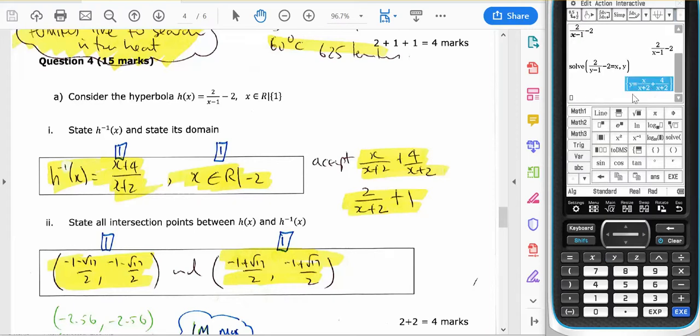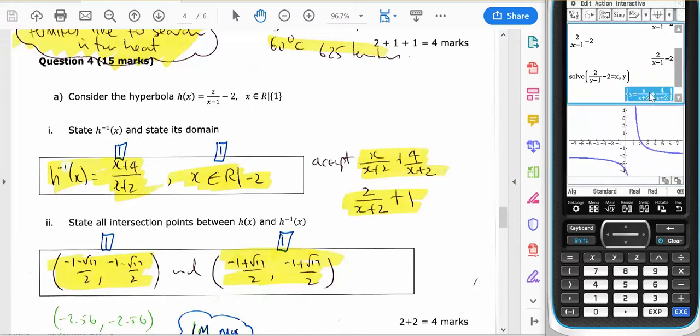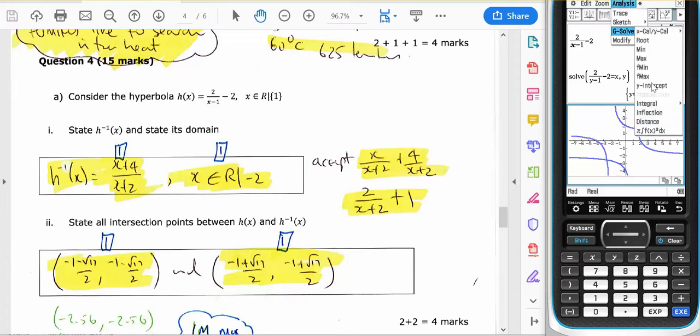And that gives me this. I'll accept this answer or these two forms as well. Now, if I was to consider these hyperbolas, this one, and then this one, the intersection points you will find will be these values here.